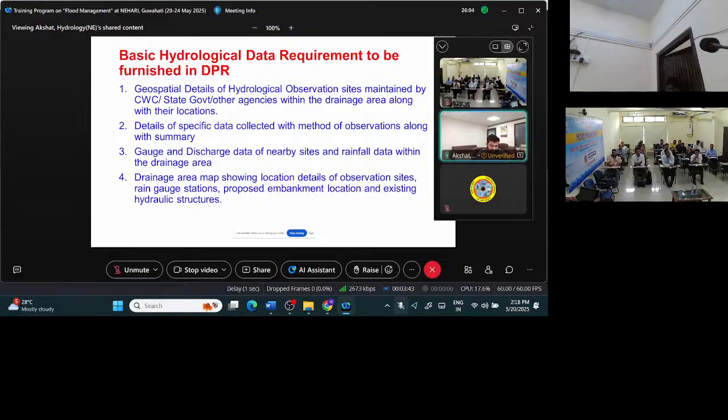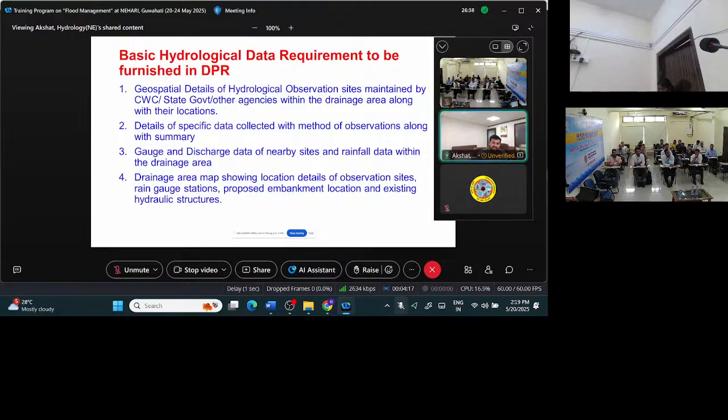So when you start preparing a hydrology chapter, the first thing you need to know is to go on the map and see where all the hydrological observation sites are located. The hydrological sites are generally maintained by Central Water Commission. These can be maintained by state governments, and agencies such as NHPC have their own hydrological observation sites as well near their dam locations.